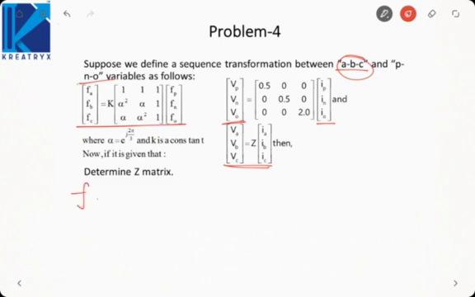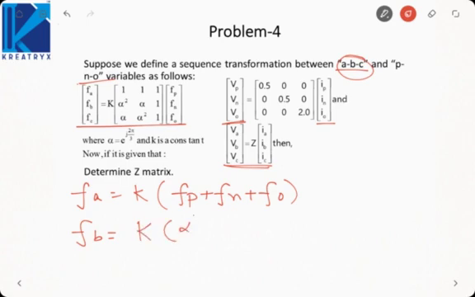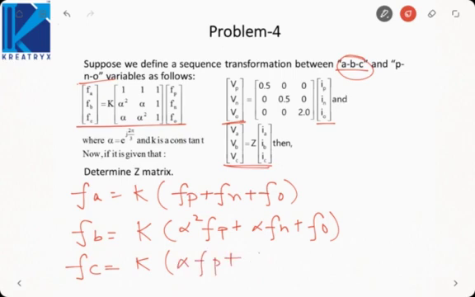So if you write, Fa is k times Fp plus Fn plus F0, Fb is k times alpha square Fp plus alpha Fn plus F0, Fc is k times alpha Fp plus alpha square Fn plus F0. Now if you carefully observe, this is the same transformation that we did to arrive at the phase quantities from the symmetrical components. Just that k is extra here.